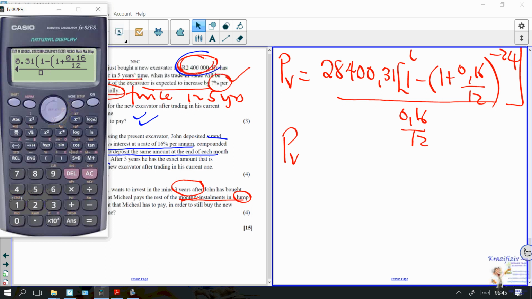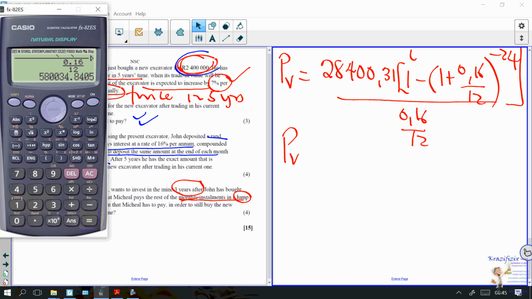And what do I have? We close the bracket, but remember now it's an exponent of negative what? 24. Be mindful when you use your calculator, the number of brackets must be the same. If you open two brackets on the left, you must close with two brackets. And what do I have here? I need 0.16 over what? Over 12. Okay, what's my answer?